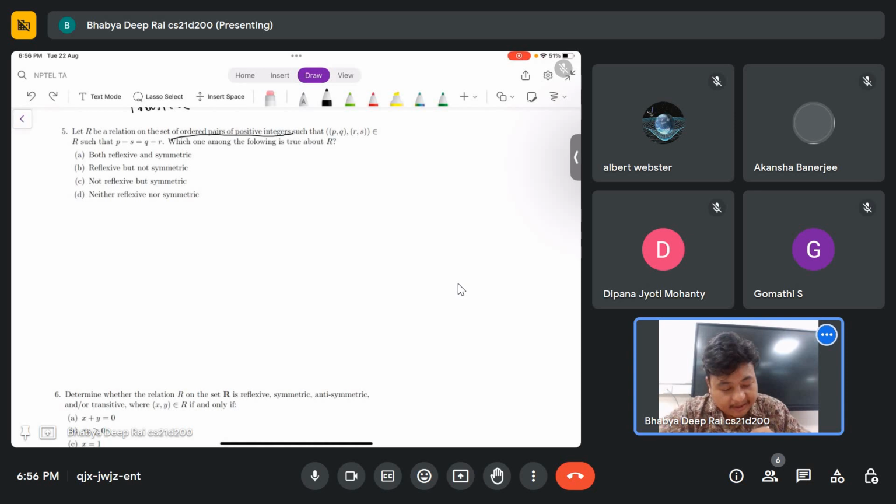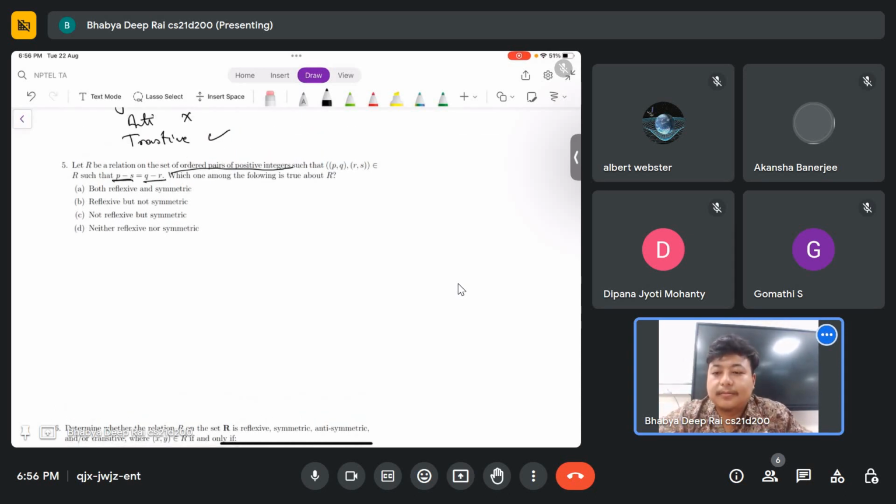Such that (P, Q) is related to (R, S) whenever P minus S equals Q minus R.